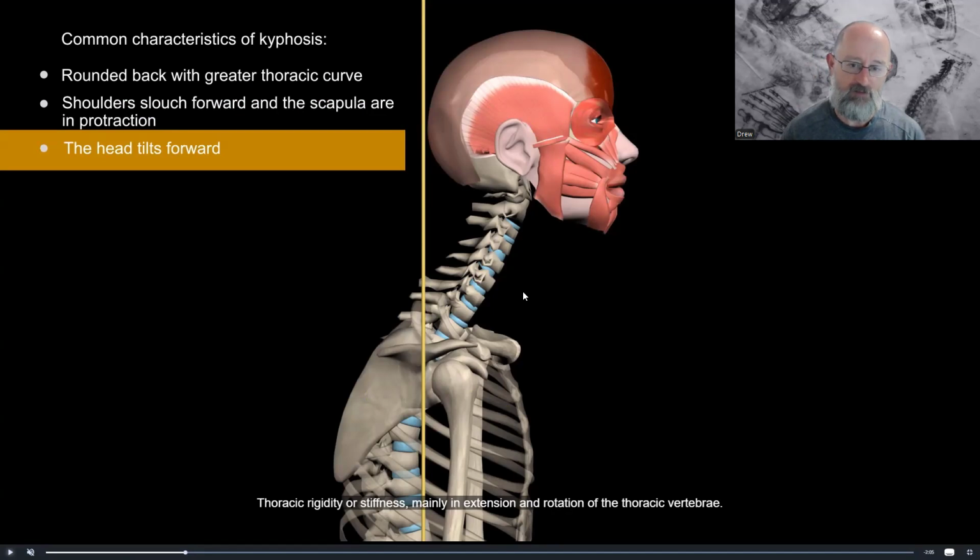You also get a lengthened sternocleidomastoid initially, then it goes into a really short position. So this front muscle here, the SCM, gets shorter, and because it attaches just here and goes down to there, it's pulling down this way, and it tilts your head up even more. And one of the key principles in posture is that the eyes need to be kept level.